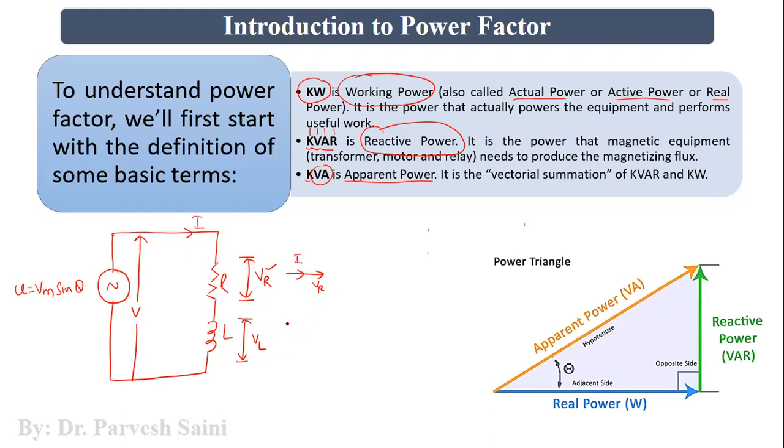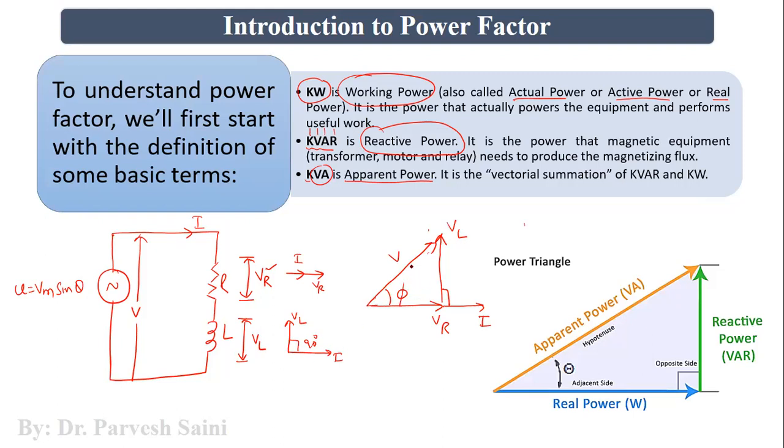However, in case of an inductor, we know that the voltage across the inductor leads the current by 90 degrees. So in general, we can draw this like so: we have the voltage across the resistance, we have the current, then we have the voltage across the inductance which is leading this current by 90 degrees, and then we have the resultant voltage V. So this is the angle phi, right?